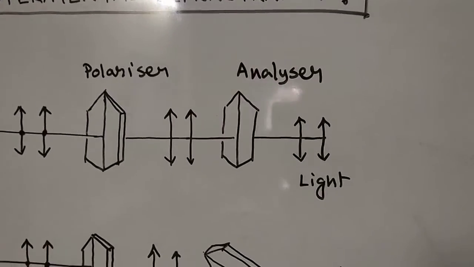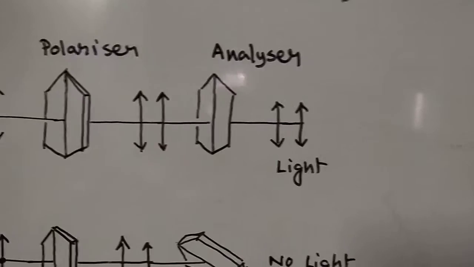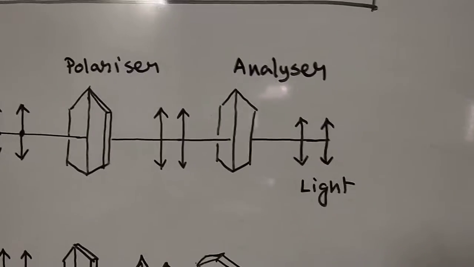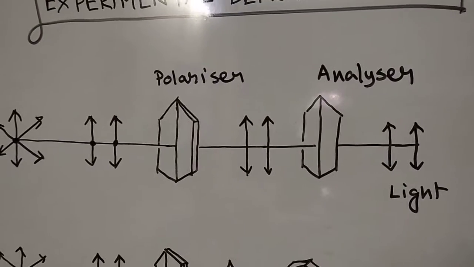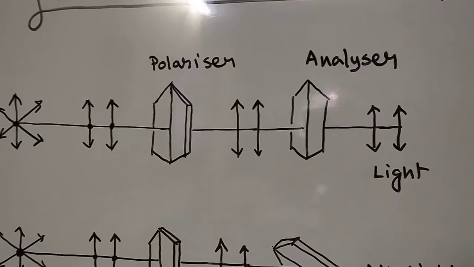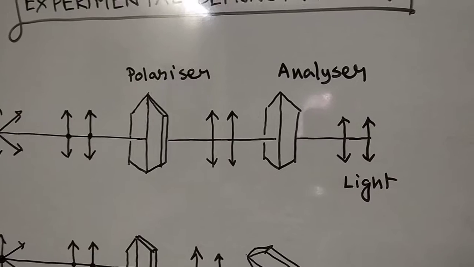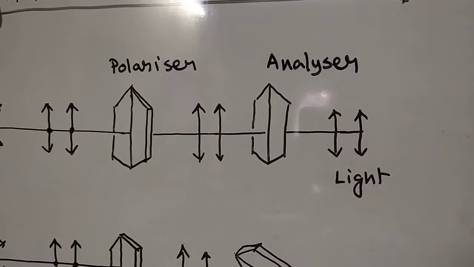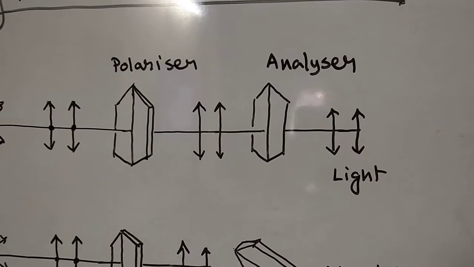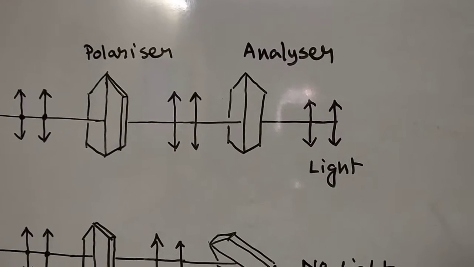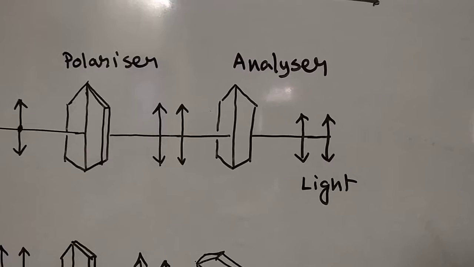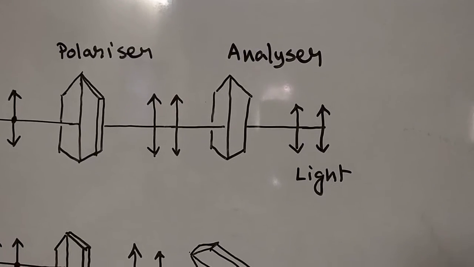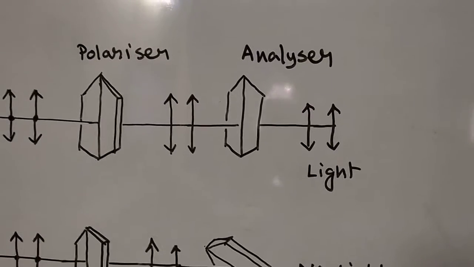Now you can check whether the light is polarized or not if you place a tourmaline crystal again, because a tourmaline crystal can be used both as a polarizer as well as an analyzer. If the slits of the analyzer are parallel to the slits of the crystal that we consider as the polarizer, then you will get light from the analyzer.